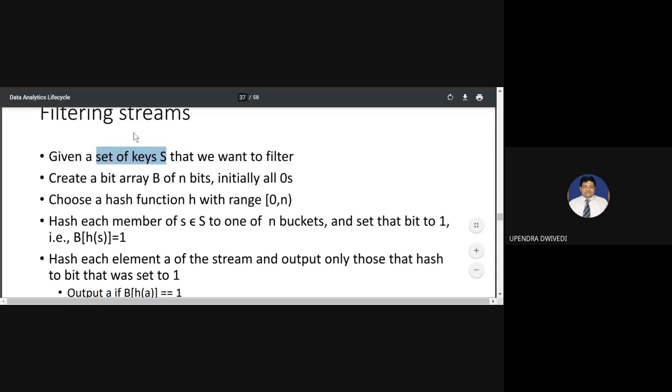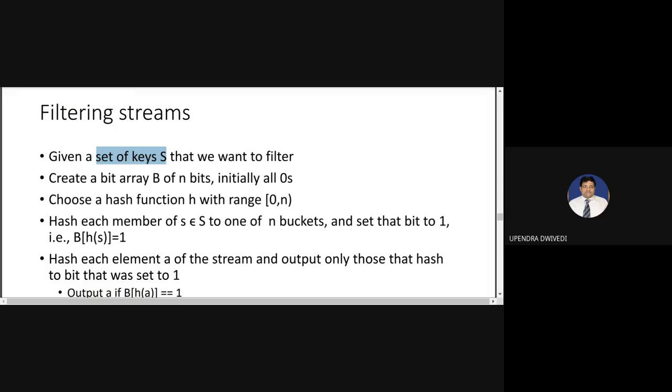This is a set of features which we need to filter out from the stream. This set of keys S can be a set of strings or certain features and so on, but I will assume here that it is a set of strings. For example, if you are working with the Google News subscription system and you are interested in cricket, politics, or a certain celebrity, for example Mahendra Singh Dhoni, these are the keywords you are interested in.